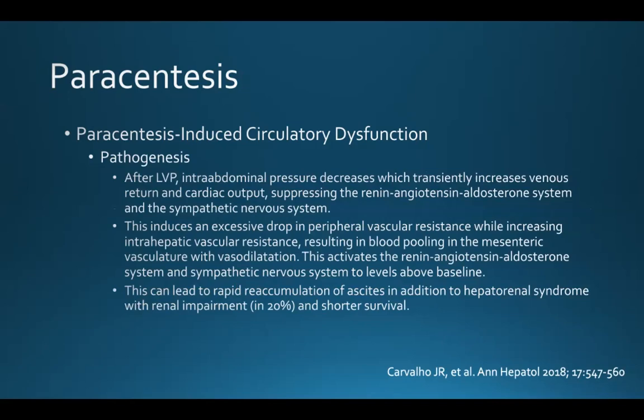This in turn activates or reactivates the renin, angiotensin, aldosterone system and sympathetic nervous system to levels above baseline. And this can lead to rapid reaccumulation of ascites in addition to hepatorenal syndrome with renal impairment and ultimately shorter survival.